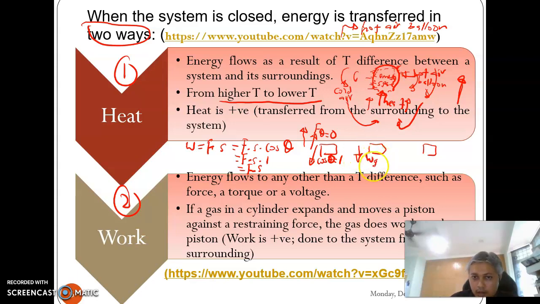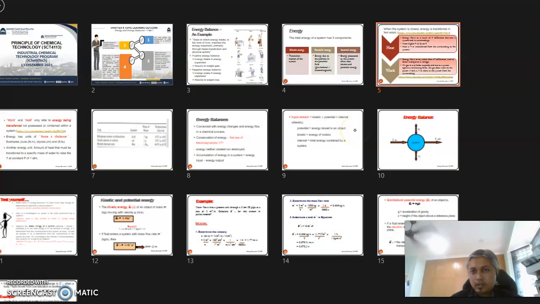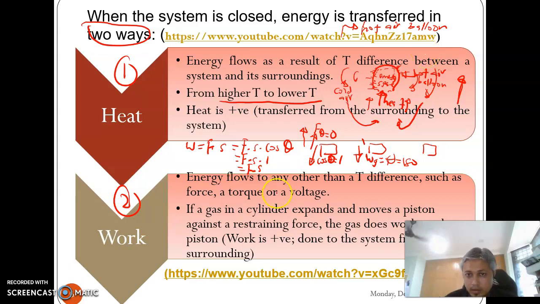So gravitational work will have theta equals 180, because just now we had theta 0 here, and if it goes down, the theta will be 180.